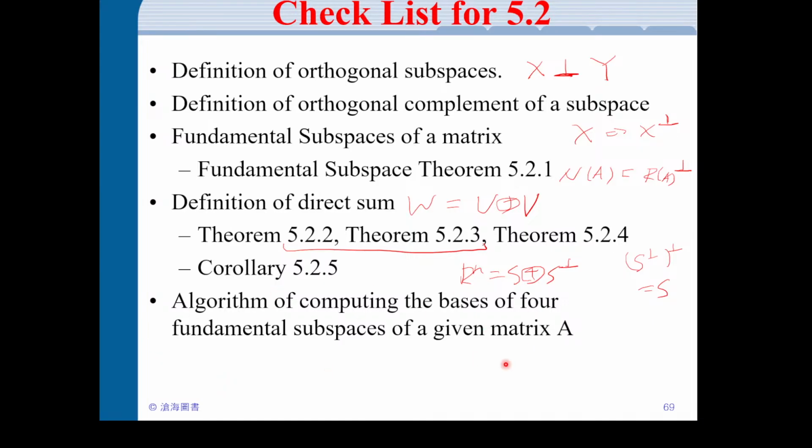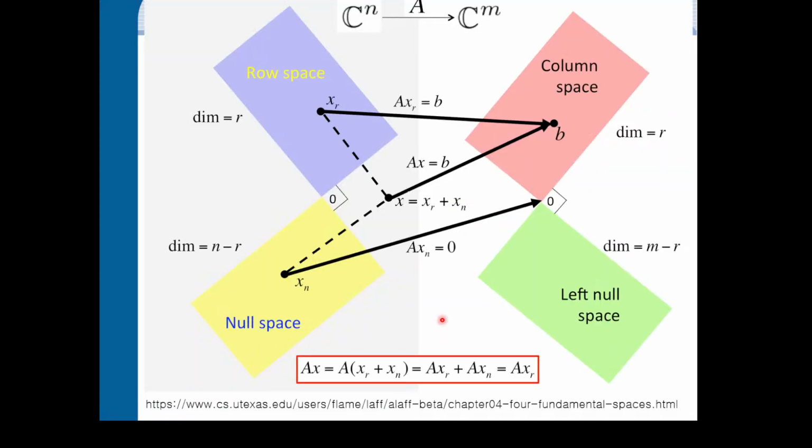This decomposition of projection we will talk about more in the next section, 5.3. And in a minute we will have this nice picture, borrowed from UT, that gives you a bit of a cheat sheet on all the subspaces we'll talk about.